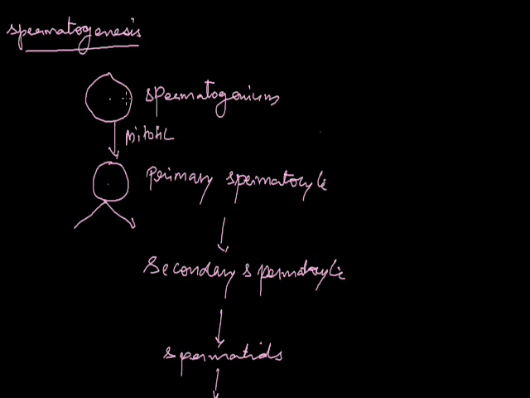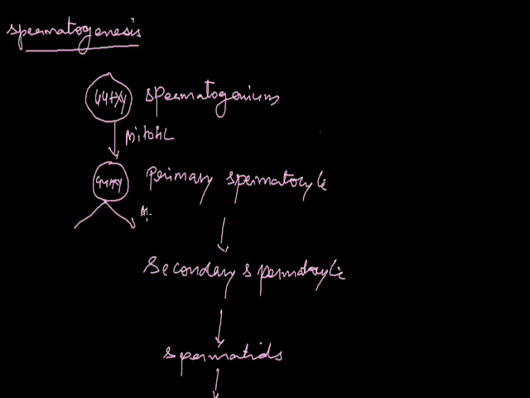Suppose in this cell the chromosomes are 44 plus X and Y. It will remain 44 plus X, Y, because we know that in the mitotic division the chromosome number remains the same. Here it is known as the primary spermatocyte.